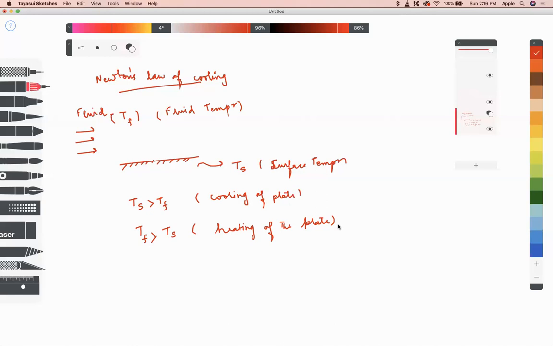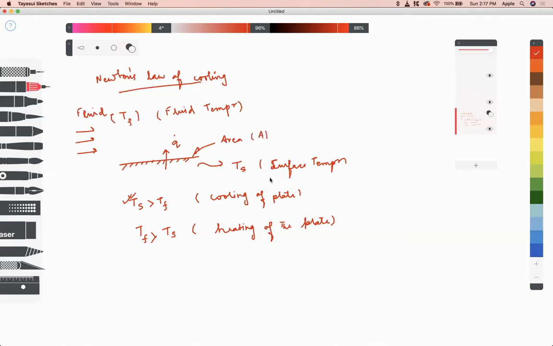In Newton's law of cooling, the law says that the heat flux depends on whether the surface is at a higher temperature than the fluid. Let us go with the first case, where Ts is greater than Tf. Then some amount of heat will go out from the surface to the fluid, and there will be an area of the plate as well.